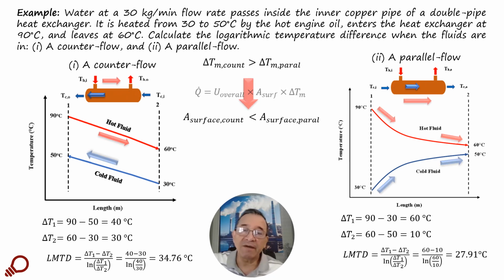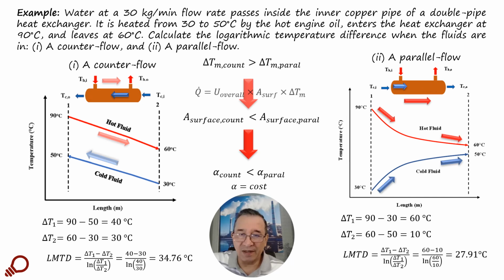And if we apply the general form for the rate of heat transfer in a heat exchanger, we will expect that the surface area of the counterflow will be less than that of the parallel flow, and of course that will lead to the conclusion that the cost of the counterflow is less than that of the parallel flow to manufacture a heat exchanger having the same heating or cooling load of the process fluid.